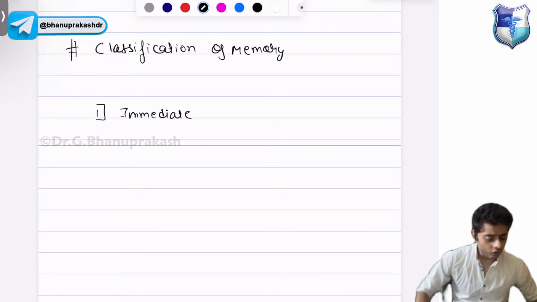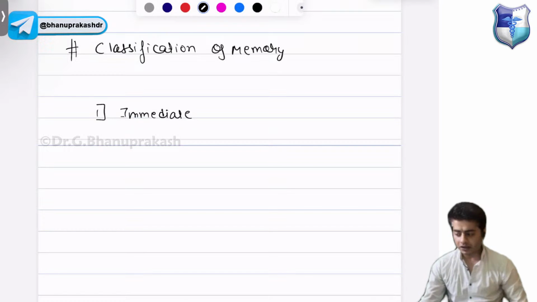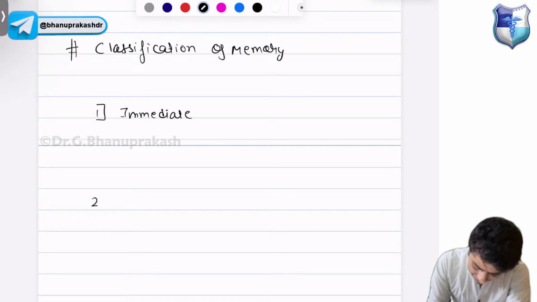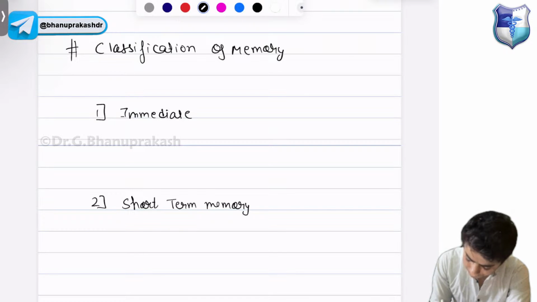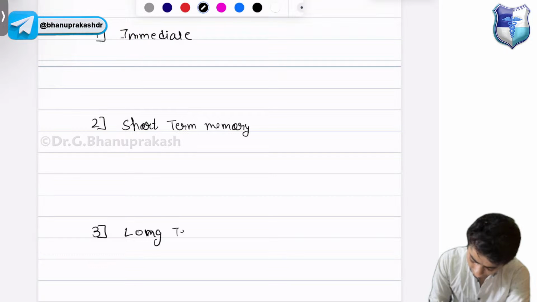Can anybody tell me what you understand by the term immediate memory? Anyone? Second is short-term memory. And third is long-term memory.